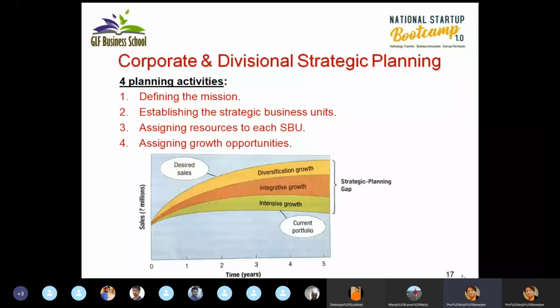Take the example of eBay, which has changed from running online auctions for collectors to running online auctions of all kinds of goods. Take the example of Dunkin' Donuts, which has switched its emphasis from donuts to coffee.